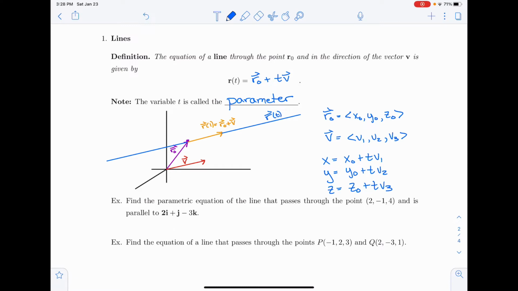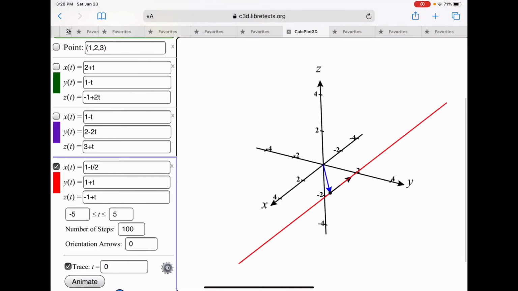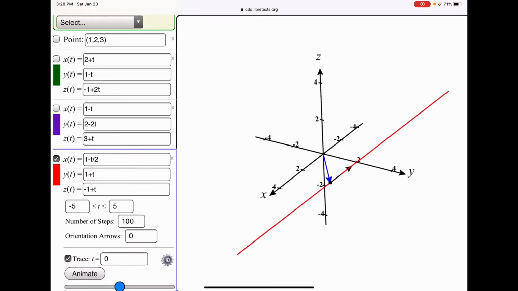I want to show you what this looks like as a plot. So I'm going to plot this. And so what you have here is a similar plot to the one that I had drawn for you. And right now, the blue vector is like our r0, and it's pointing to that initial point.